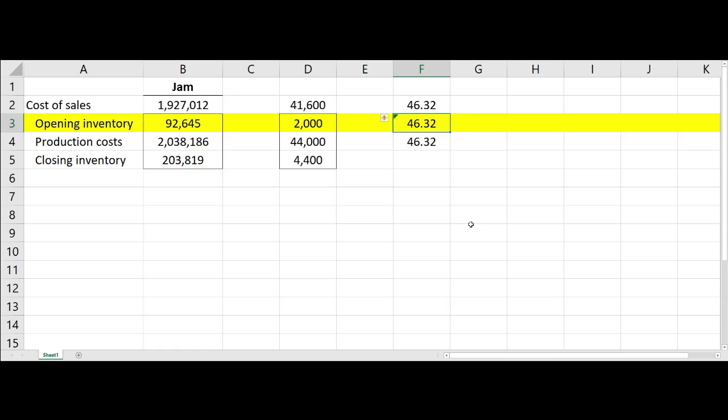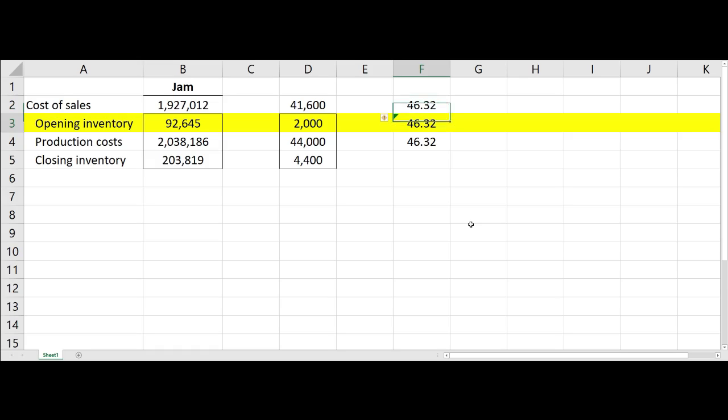That's last year's product cost, that's this year's product cost. There's been no change in my product cost from last year to this year. So because there's been no change in the cost, I can still use the shortcut, and you can see we come back to exactly the same answer, 46 Rand and 32 cents.